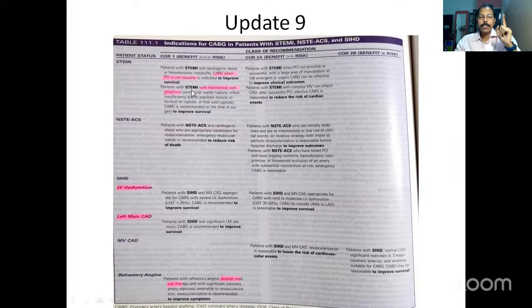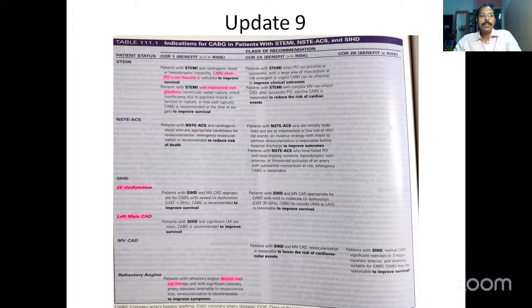The patient presenting with STEMI with mechanical complications. What are the mechanical complications? After MI: ventricular septal rupture, mitral regurgitation, free wall rupture, or ventricular aneurysm. In those conditions, CABG is superior because we need to do a bypass surgery along with the mechanical complication correction.